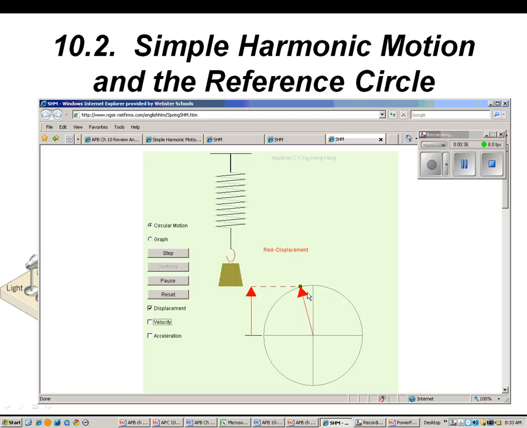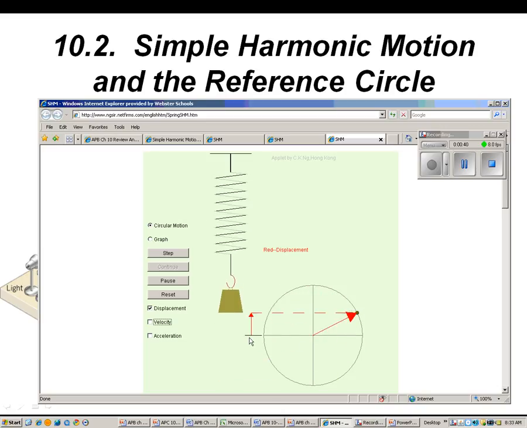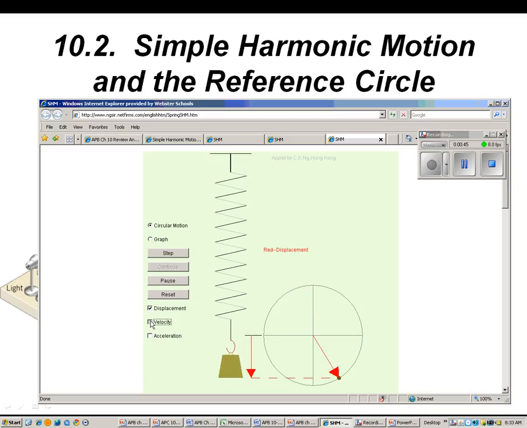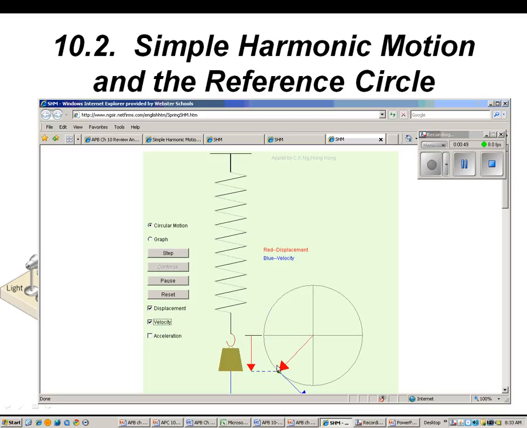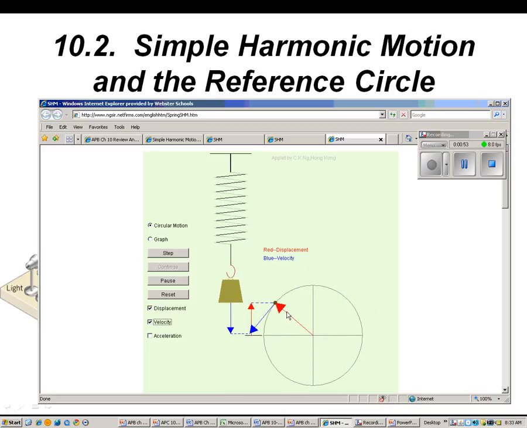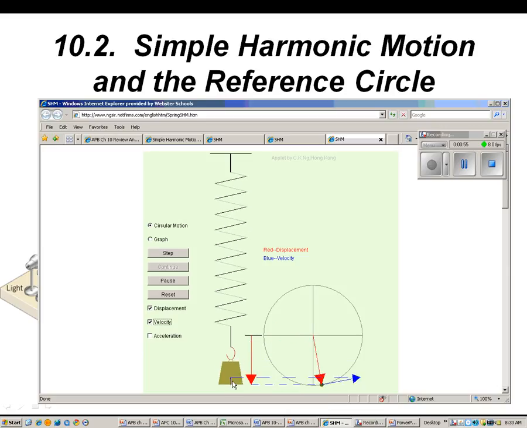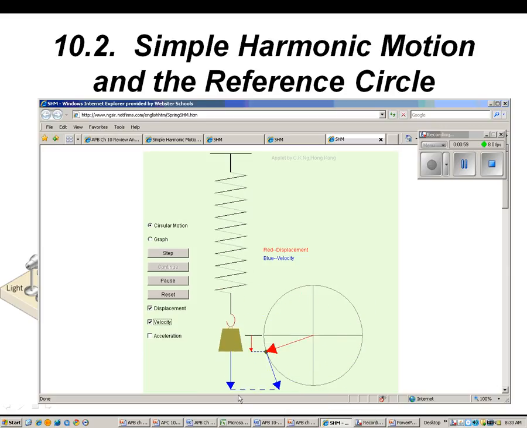What's interesting here is the circular motion is at a constant speed, but the linear motion is not at a constant speed. You'll see that the velocity vector here is always changing. In the circle, it stays constant all the time. The displacement stays constant all the time. But if you look in the linear sense, the displacement's always changing, the velocity is always changing.